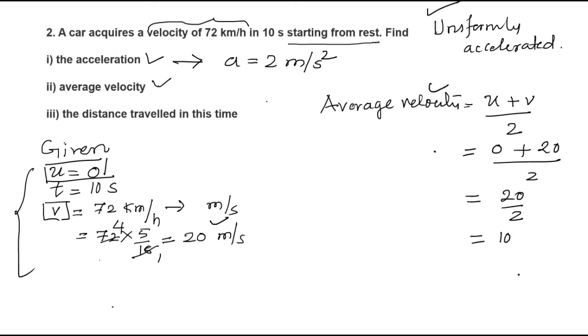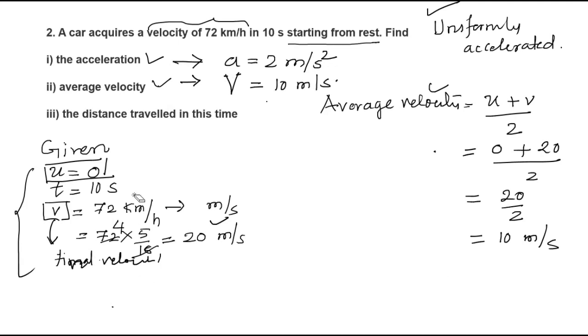Since it's a velocity, don't forget it's meter per second. So we got the second part of the answer, average velocity, which you write with a capital V. A small v stands for final velocity, but when it is written capital V, it's the average velocity. And how much is the average velocity? 10 meter per second.